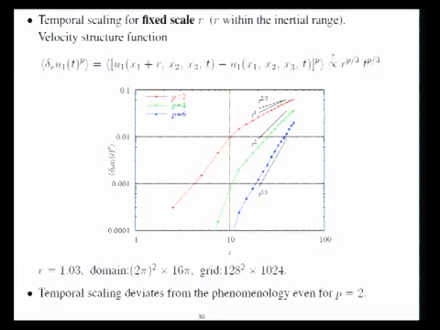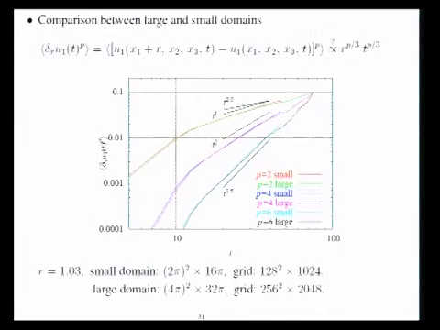As you see, there's some kind of parallel behavior. If you believe this, for the second order, the slope is close to t to the power 1. Dimensional analysis gives t to the 2/3. So it's quite different, even for low order structure functions.